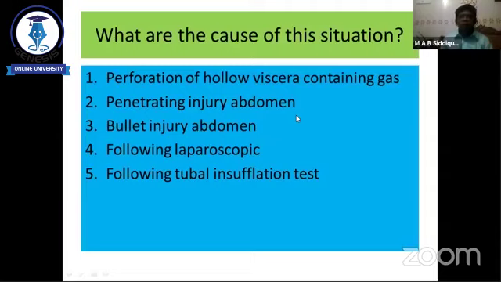Before 5 to 7 days, if you do a chest X-ray, you may find a gas shadow under the right dome of the diaphragm, and you should not worry about this, because it is a physiological phenomenon. Another point, important for gynecologists: tubal insufflation also produces a gas shadow under the right dome of the diaphragm.